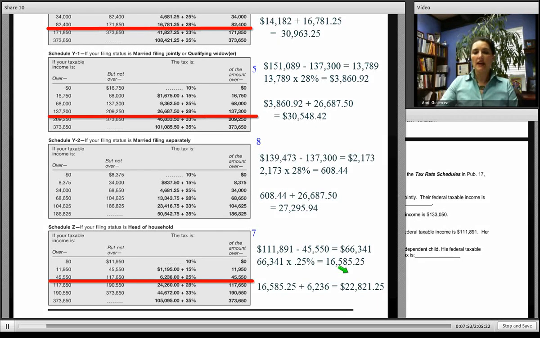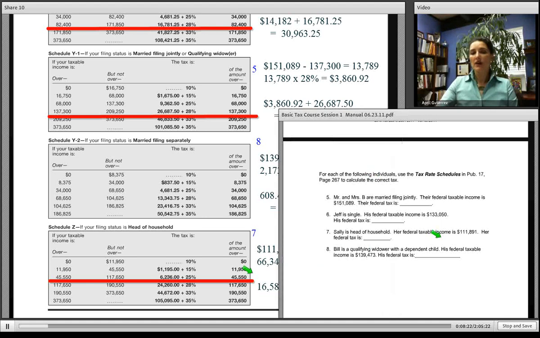Then we multiply 66,341 by 25% because this filer is in the 25% tax bracket, and we get $16,585. The next step is to take that tax and add it to the remaining tax that has been calculated on the first $45,550 of income, and that gives us $6,236. We add those two numbers together and we get $22,821.25. That would round down to $22,821.